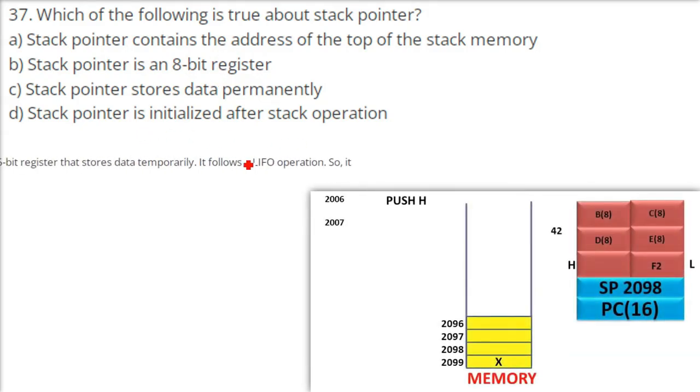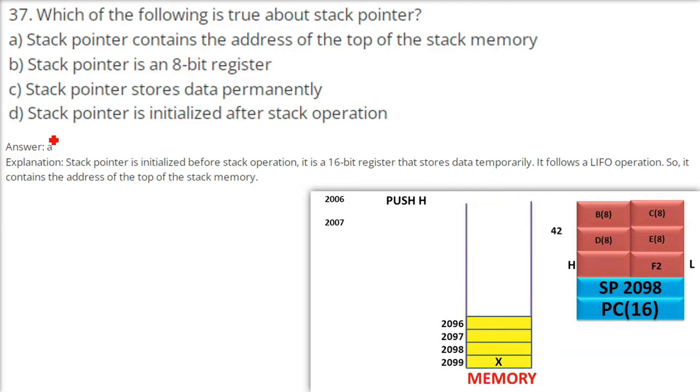Which of the following is true about the stack pointer? The answer here is the stack pointer contains the address of the top of the stack memory. Whenever you are doing some programming, there will be a stack in the RAM that will be allocated to you. So there will be a stack pointer and a stack initialization.